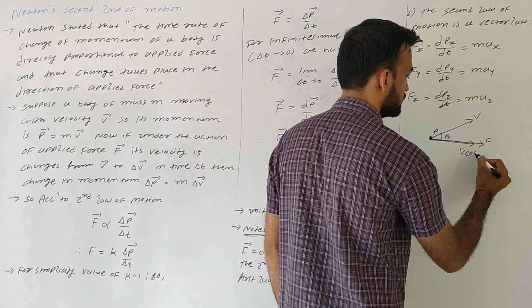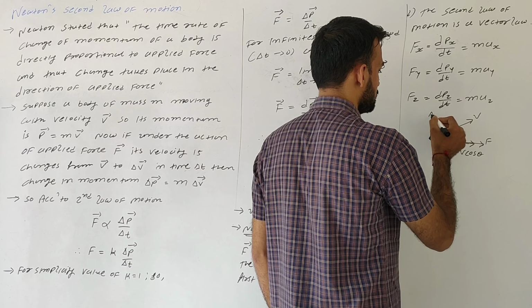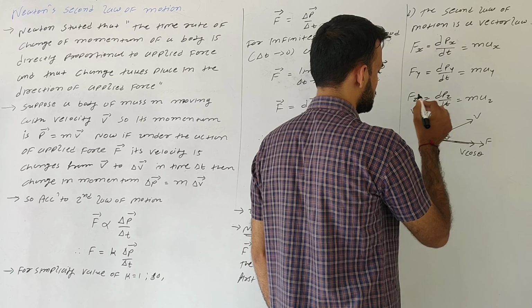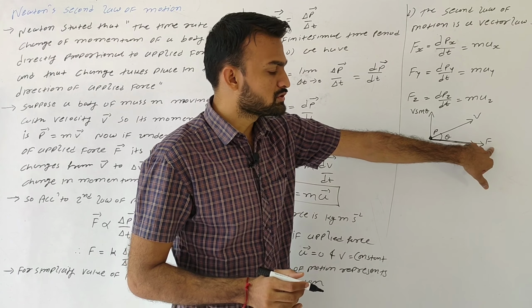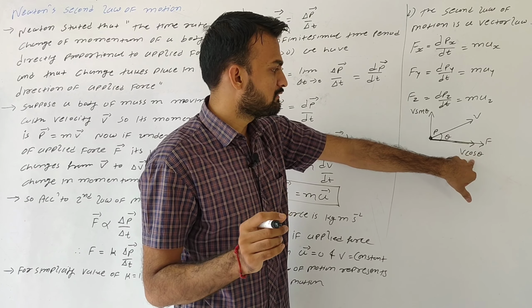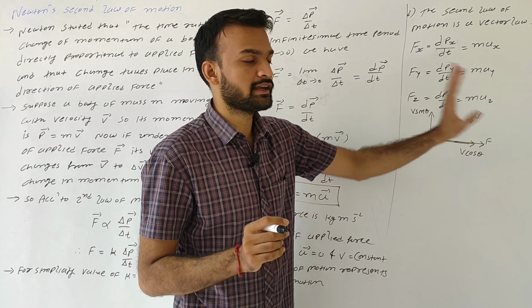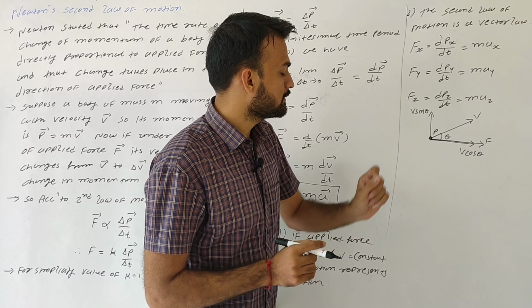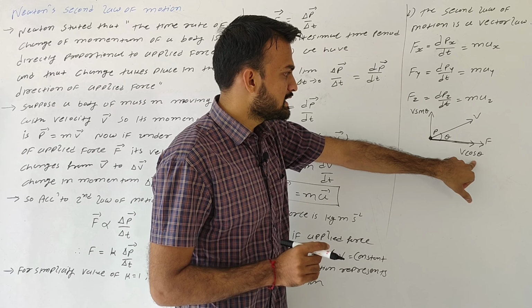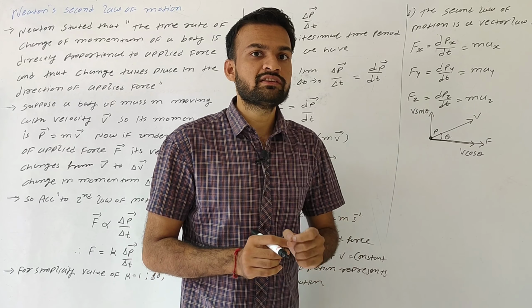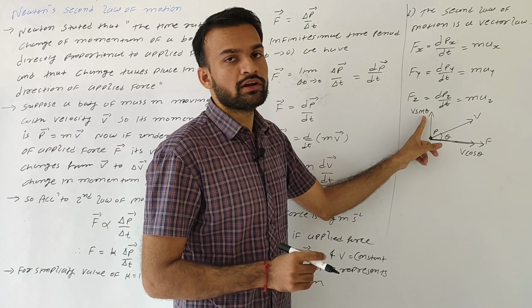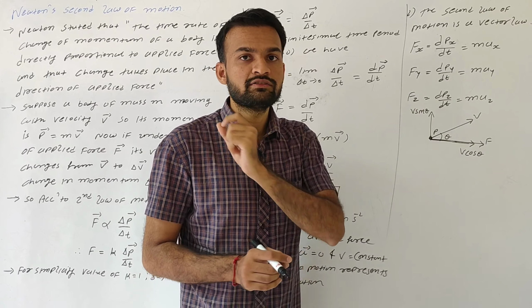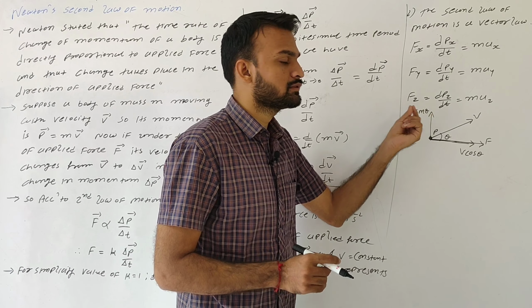This component is v cos theta, and this one becomes v sin theta. In this case the force will change the velocity which is in its direction only. So the force will change the component of velocity which is in the direction of force; the other component of velocity does not change, it remains constant.